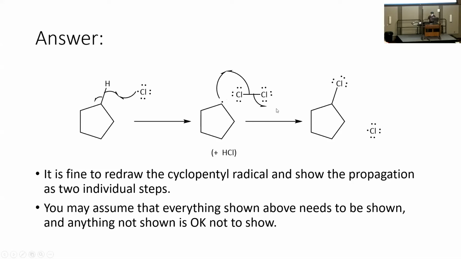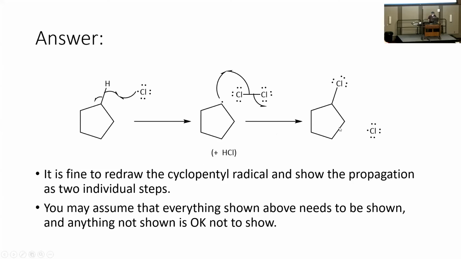And again, as I said down here, some people just want to show these coming together and say you get this radical and HCl, and then redraw this radical reacting with the halogen. In other words, instead of showing it in a linear fashion like this, some students like to show it in two discrete steps, which it is still two discrete steps, but they want to redraw this one and show that reacting with the halogen to form these two species.